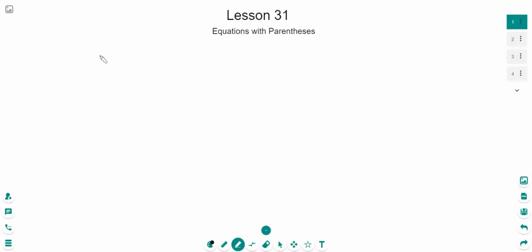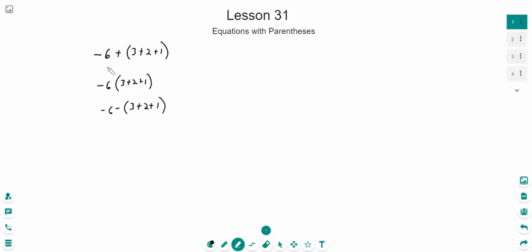So, for example, if I have negative 6 plus parenthesis 3 plus 2 plus 1, or maybe a negative 6 times parenthesis 3 plus 2 plus 1, or maybe I have negative 6 minus parenthesis 3 plus 2 plus 1. All right.